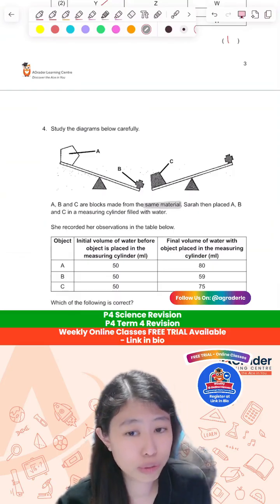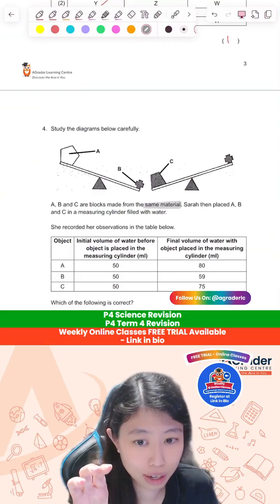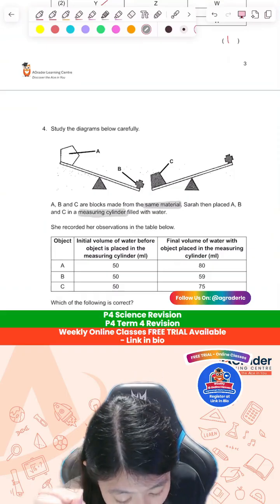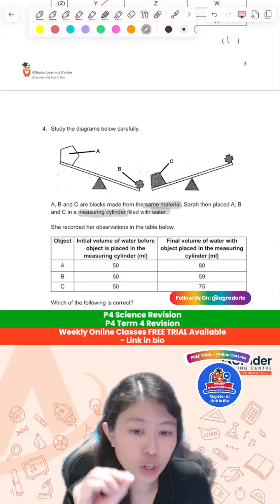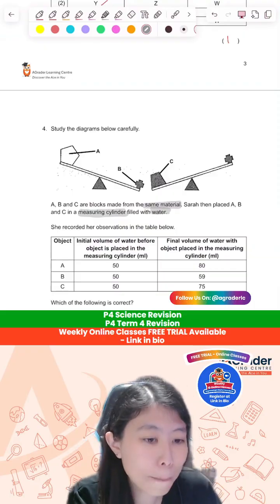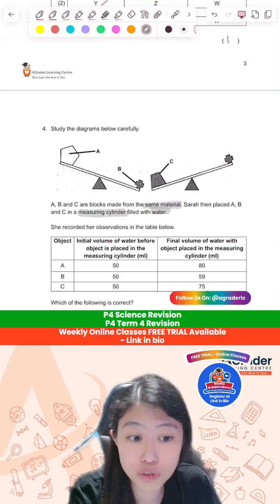Don't get confused here. When you are trying to place an object into a measuring cylinder that contains water, you have to think, what property am I trying to find out here? Measuring cylinder is used to measure what? Is it used to measure mass or is it used to measure volume?